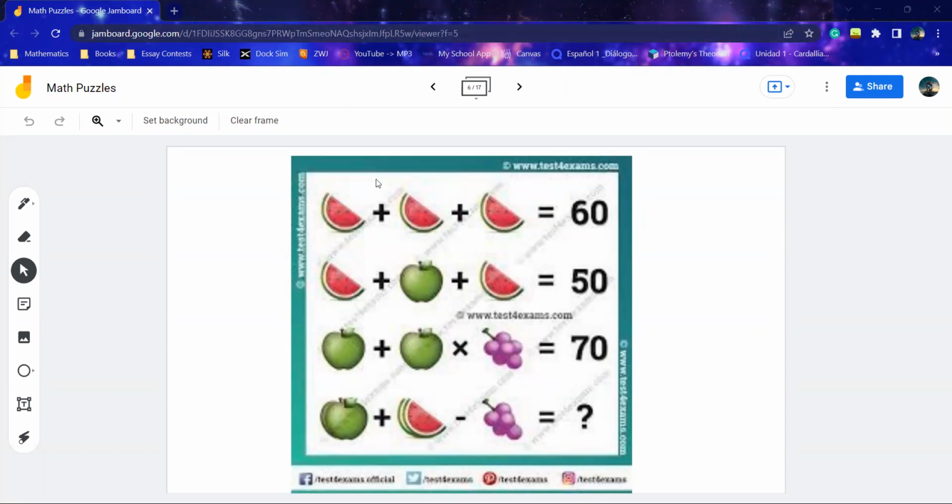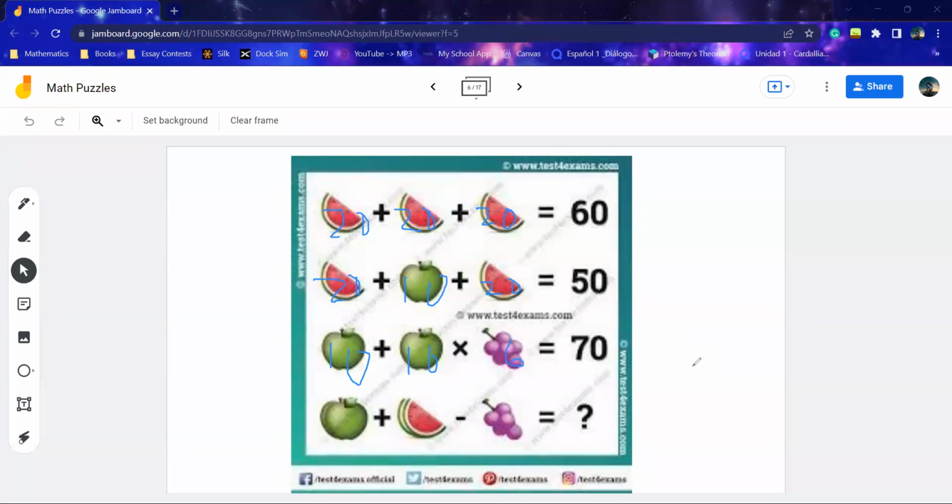The apples, the watermelons will be 20, 20, and 20. The apple will be 10. And the grape will be 6, because 6 plus 10 is 70.